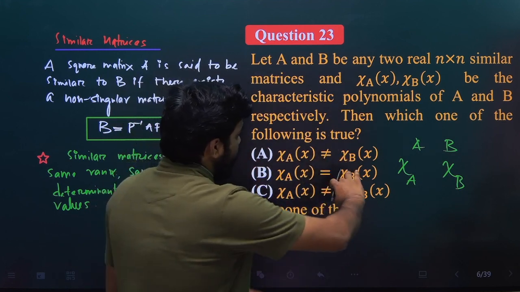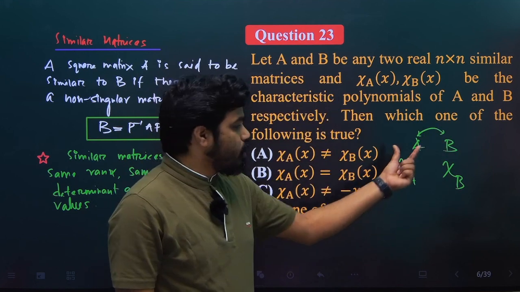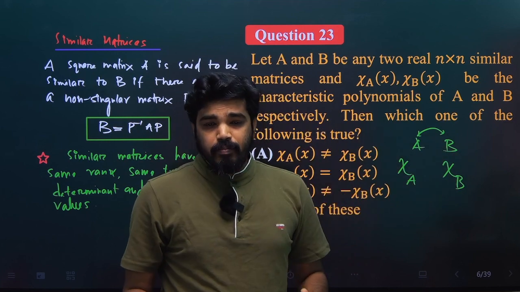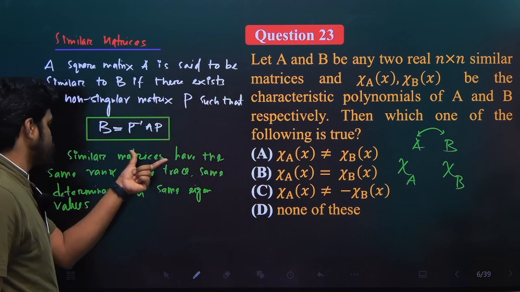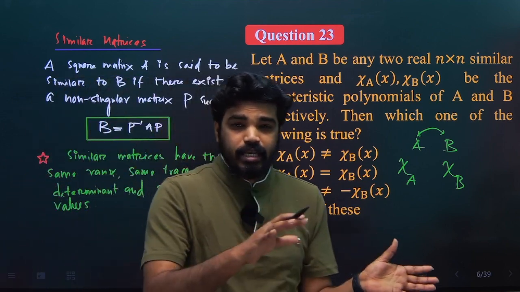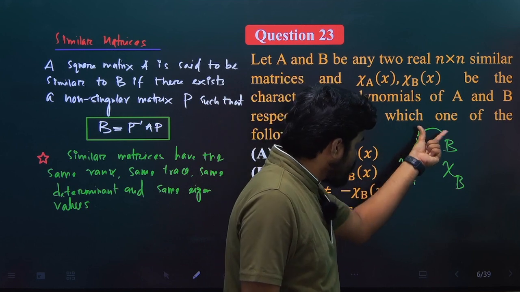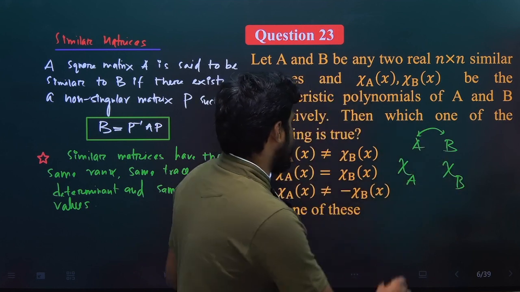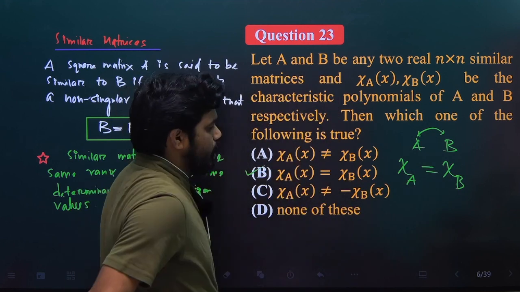Since A and B are similar matrices, the characteristic polynomial of A is equal to the characteristic polynomial of B. Two similar matrices have the same eigenvalues, that means we get the same characteristic equation or same characteristic polynomial. So option B is the correct answer.